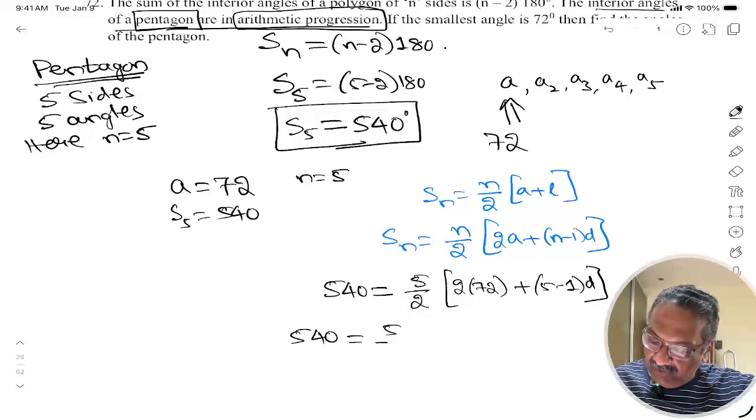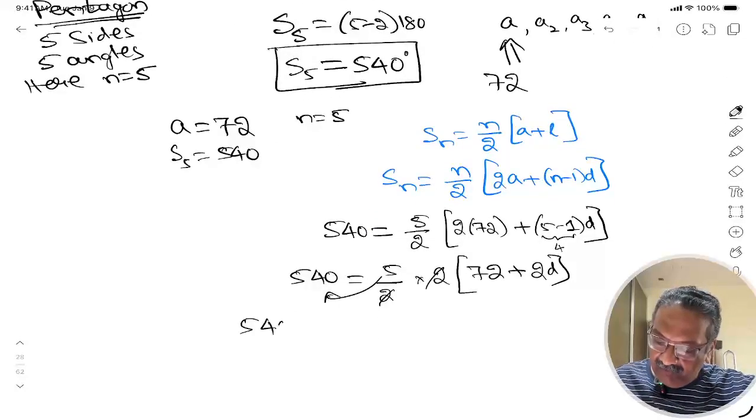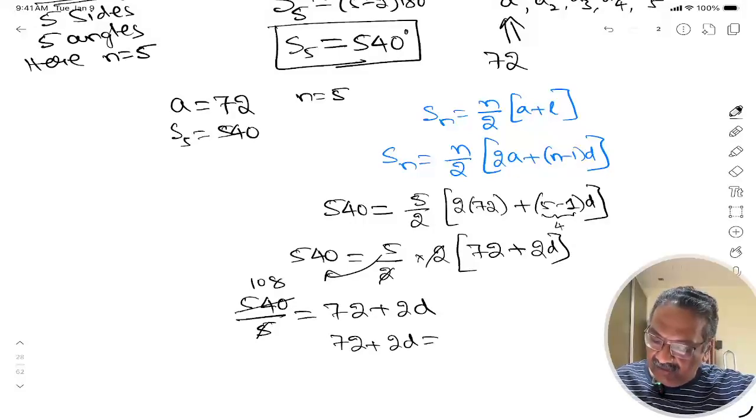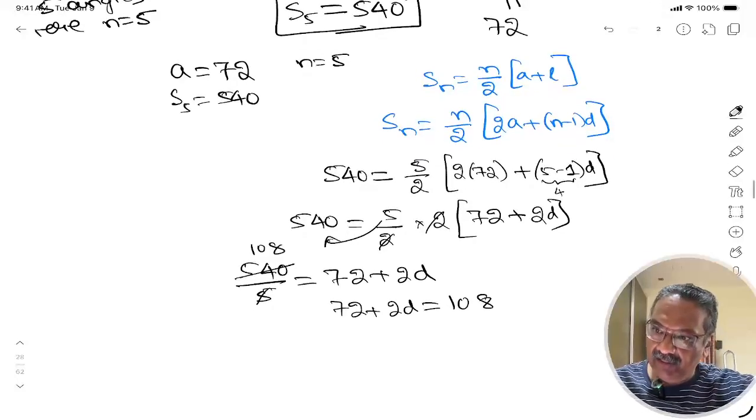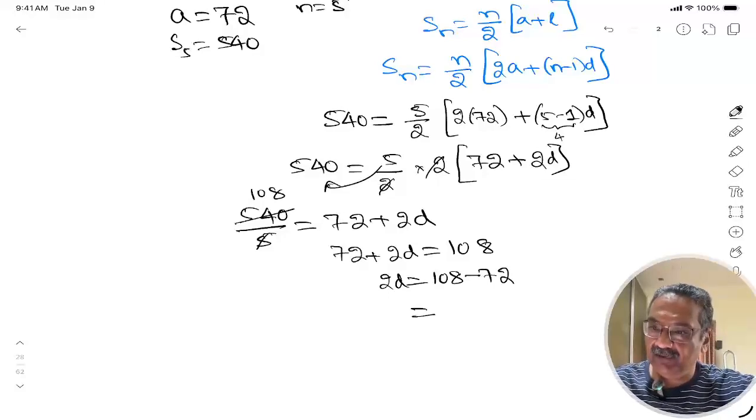So 540 is equal to 5 by 2 into, I will take 2 common here, 2 into 72 plus this is 5 minus 1 is 4, taking 2 common it becomes 2d. So 2 cancels, 5 I will take this side, 540 divided by 5 is equal to 72 plus 2d. 5 ones are 5, 5 tens are 50, so 108. So 72 plus 2d is equal to 108, and we get 2d is equal to 108 minus 72. How much is 108 minus 72?